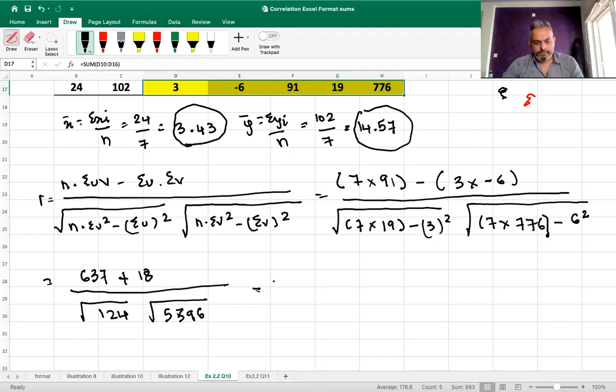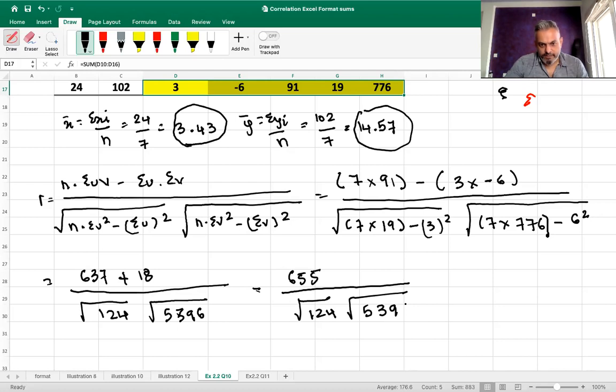Let's solve it. 637 plus 18 is 655 upon under root of 124 into under root of 5396.